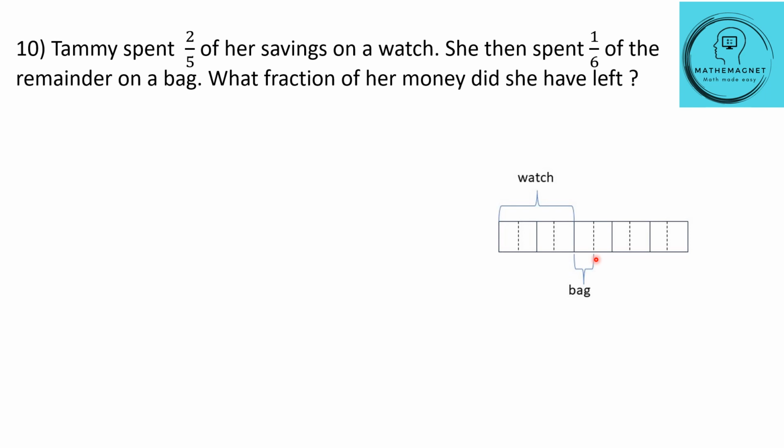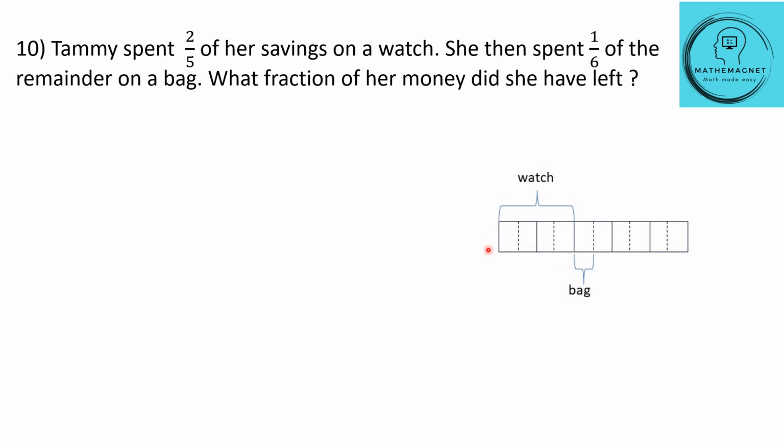So from 3 units we need to split it to make 6 units. Only then will you get 1 by 6 for a bag, right? So we'll split these 3 units in half to get 6 units, correct? In this, 1 unit is used for a bag. The same way that we have split each unit into half, we will do the same for the watch.